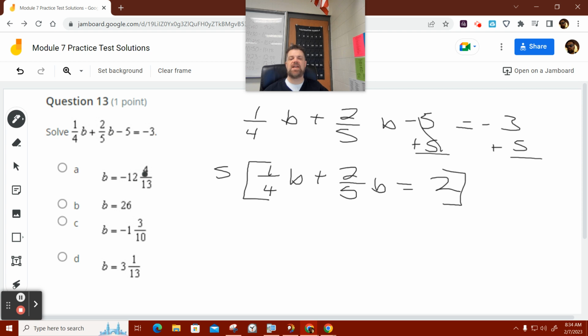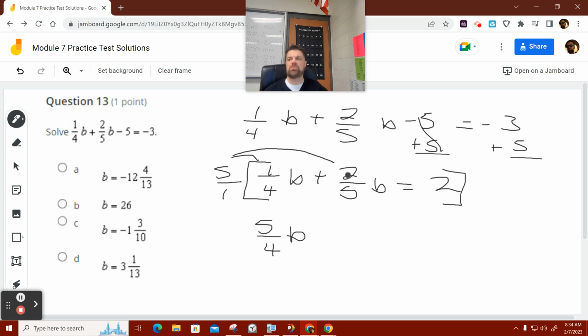Now, here's a little shortcut. If you notice on the last example we did, it's really 5/1, so you're only multiplying the numerator by 5. So 5 times 1/4 is just 5/4, because 5 times 1 is 5. 5/4 b. Now, 5 is not divisible by 4.